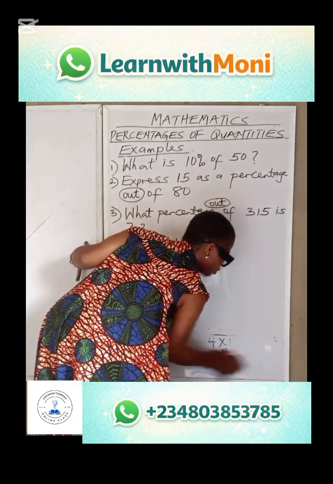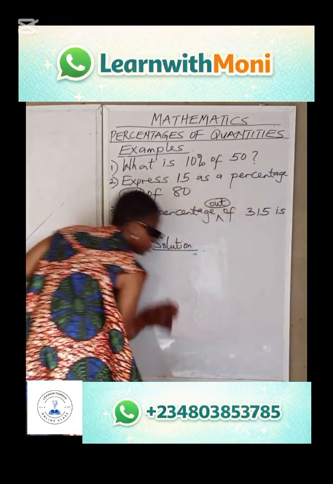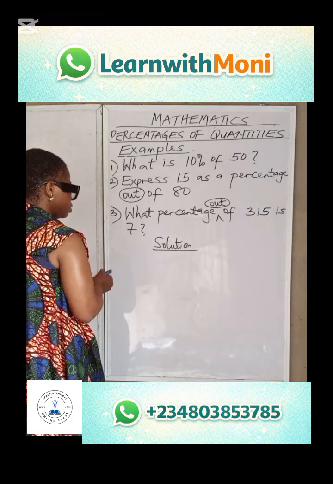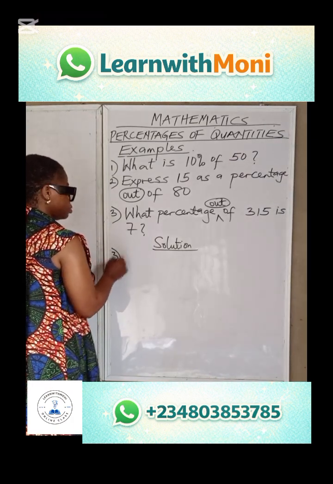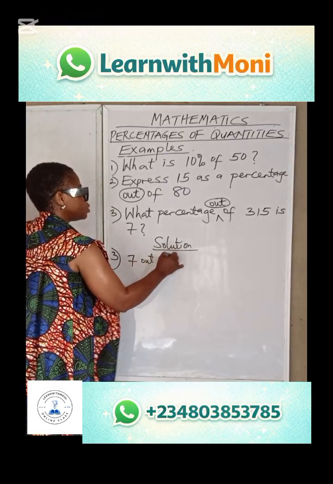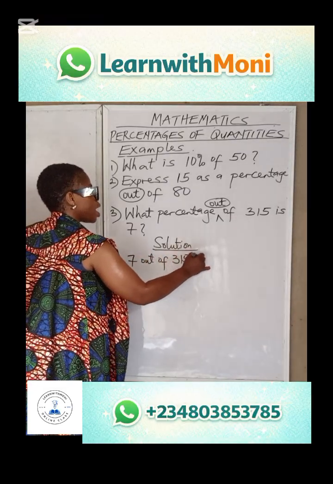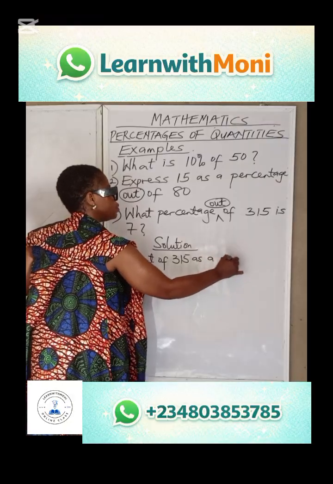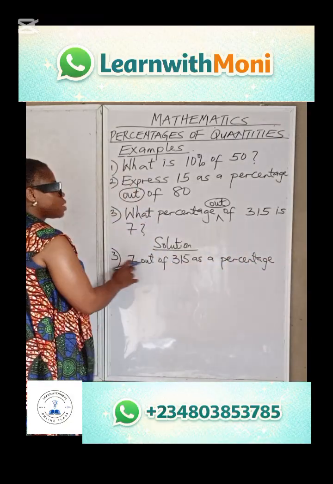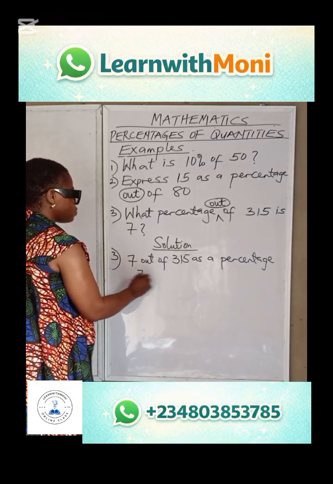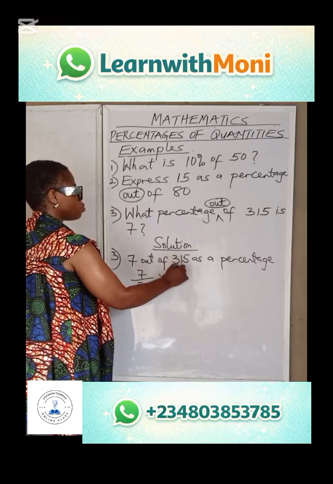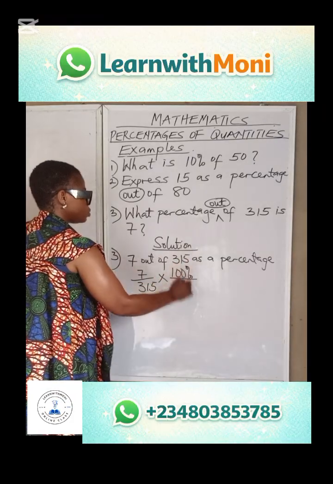A child is given 315 questions, and such a child, very poor, scores 7 out of 315. How do we record such a mark? That is 7 out of 315 as a percentage. That is the interpretation of that question 3. 7 out of 315, that is 7 over 315 as a percentage times 100% over 1.